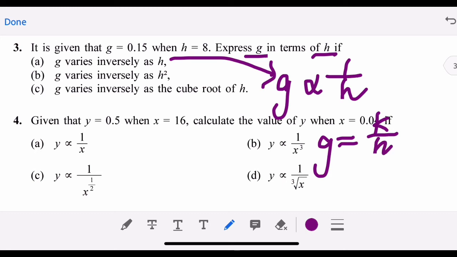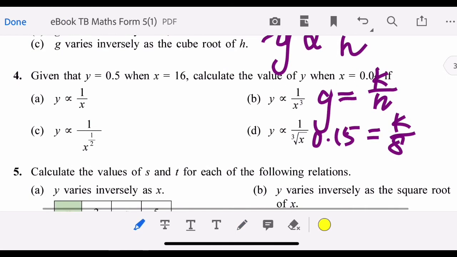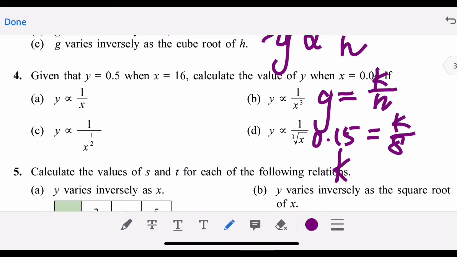So we need to substitute 0.15 is equal to K over 8. So we can find the K. K is 1.2, right?